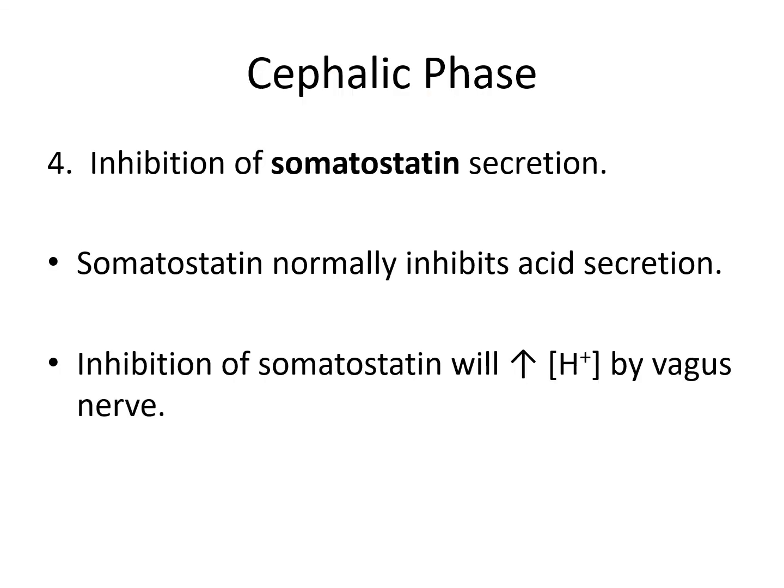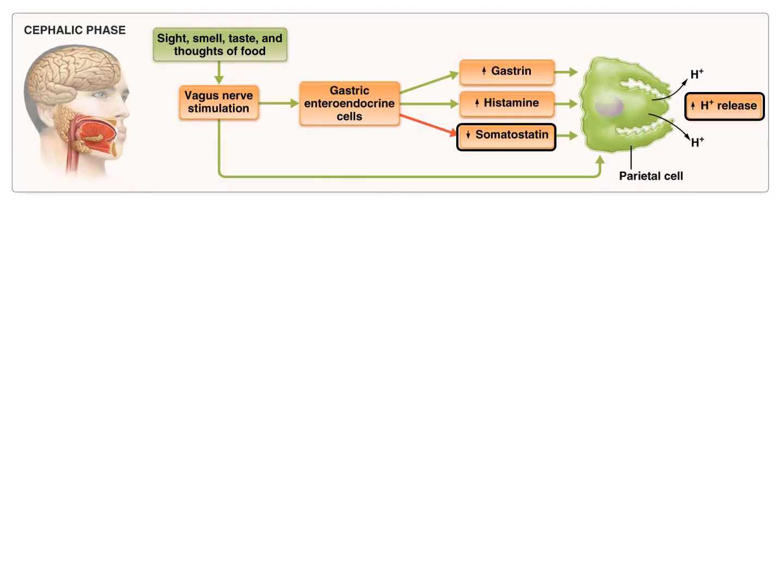The fourth way is an inhibition of somatostatin secretion. Normally somatostatin inhibits acid secretion. So if it's inhibited, then there will be an increase in hydrogen ion secretion. And so here in this fourth pathway, we see that gastric enteroendocrine cells will inhibit somatostatin, which will then allow more hydrogen ion release from the parietal cell.